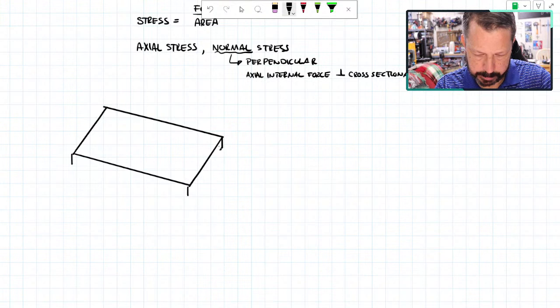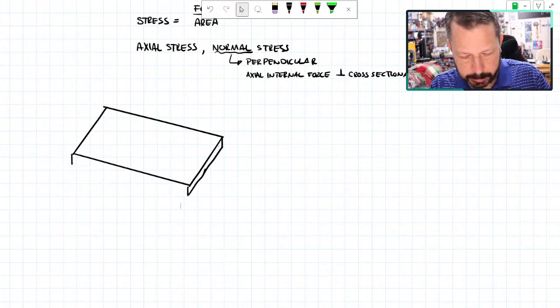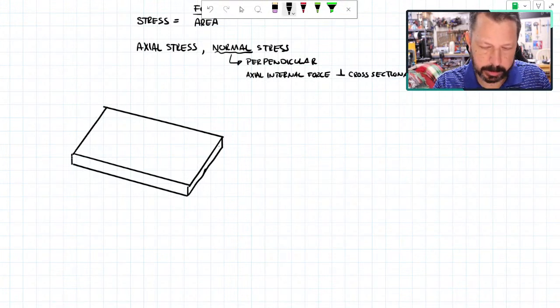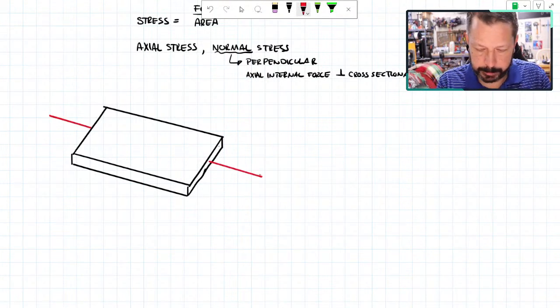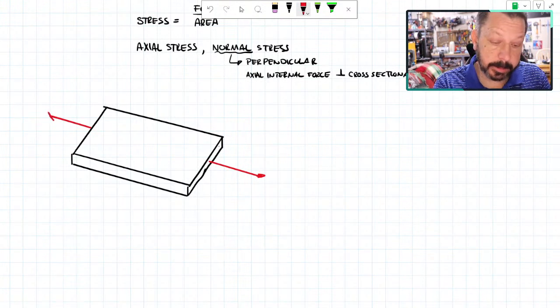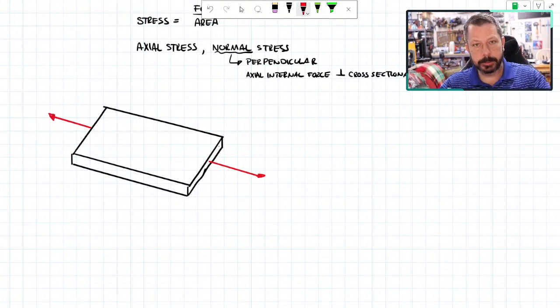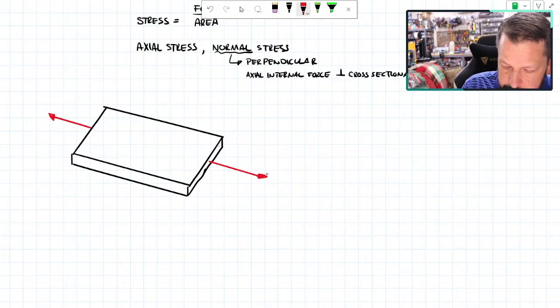So what I've got here is a little plate that we're going to put axial force on. So something like that. And this will be a tensile force. So tensile forces pull things apart and put them in tension. And let's put some numbers.